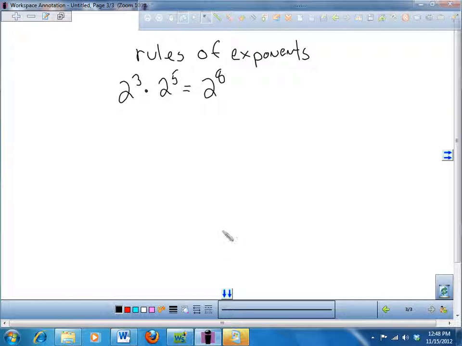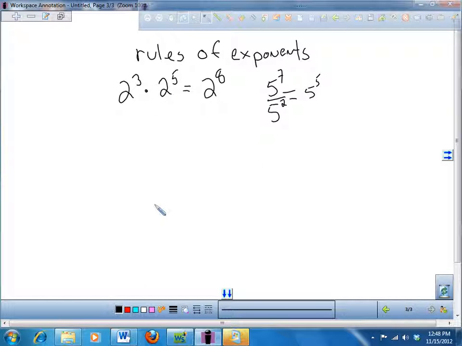You add the exponents. Remember that? And for division, you subtract the exponents. So if you have 5 to the 7th over 5 to the 2nd, that's equal to 5 to the 5th, because there are 7 5s up here and 2 5s down here, and 2 of them would cancel out. So you subtract the exponents.